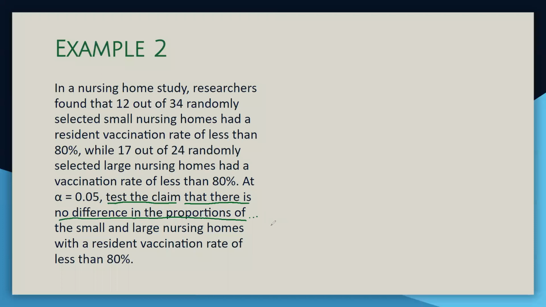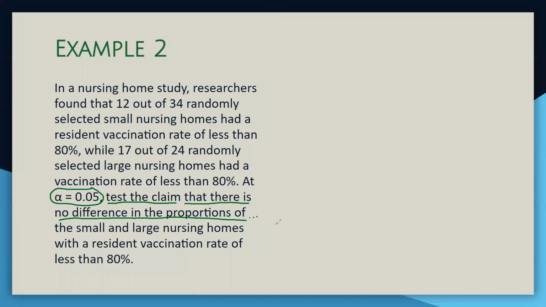So this is a test of two proportions. No difference in proportions, plural. So we know we're doing a z-test. We know it's a test for two proportions. We also can see that we're testing it at a 5% level of significance.